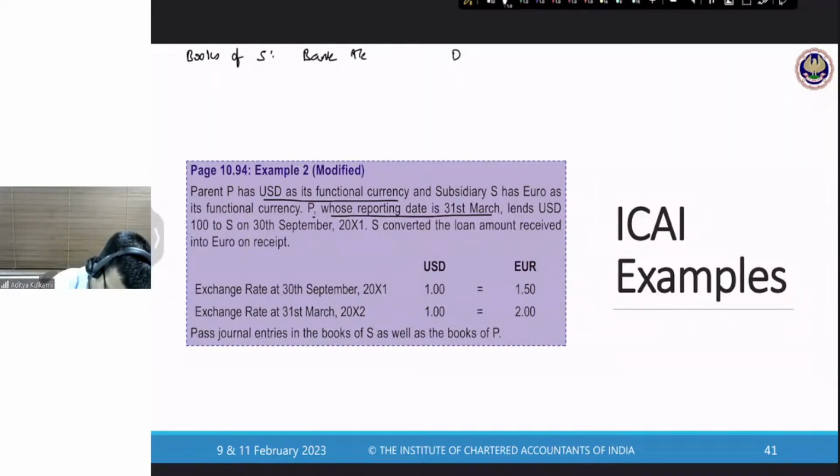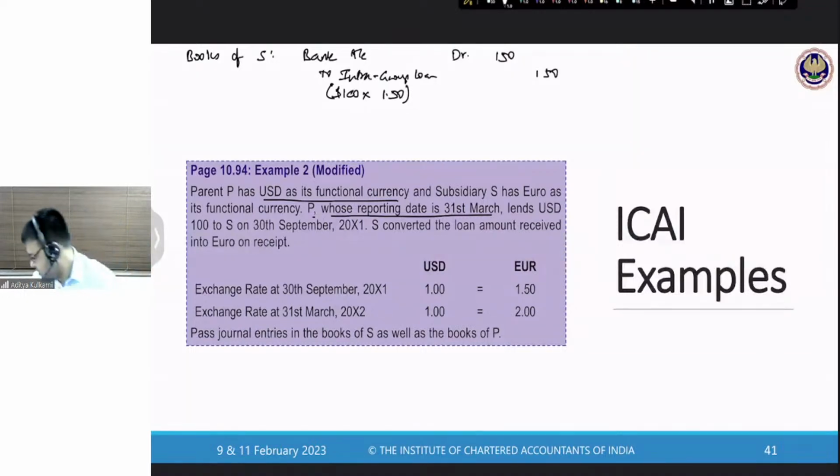Bank account debit to intra-group loan. This will be $100 into 1.5, so 150 and 150.